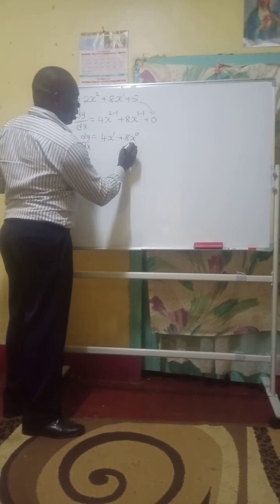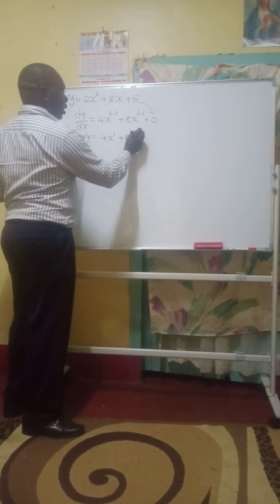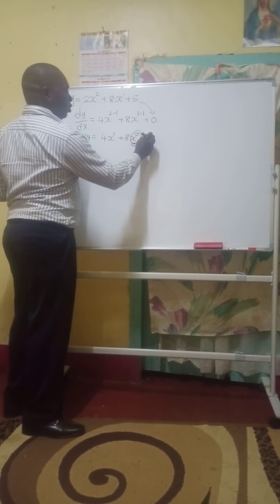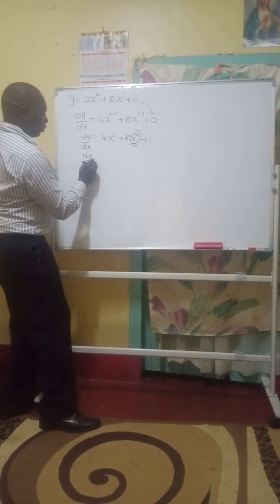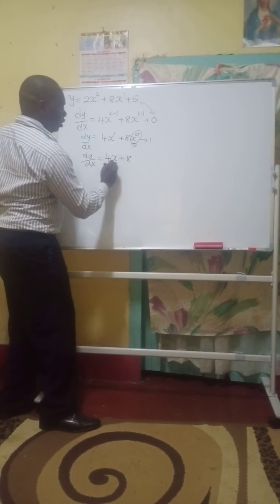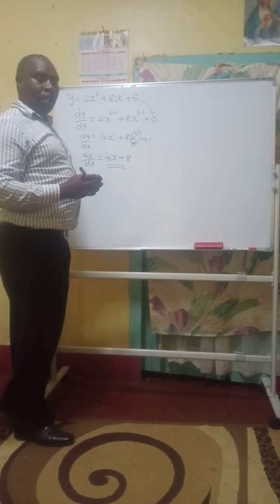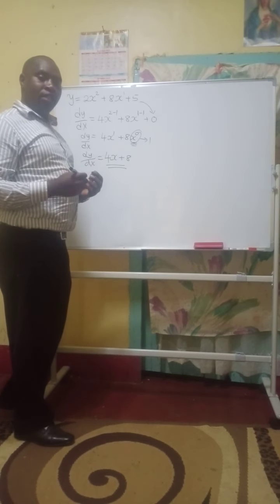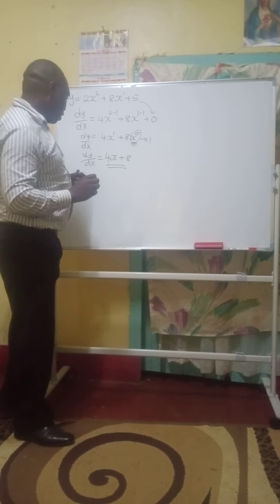Now, remember, when a number is raised to power 0, that number is equivalent to 1. So basically, dy/dx becomes 4x plus 8. Now this is our gradient function. It's an equation that gives us the gradient of this curve at any point.